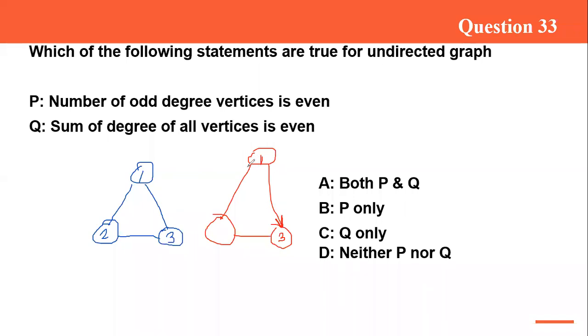In the same way, there can be a direction here also. Let us assume it is 2. That means you can traverse only from 2, and 1 to 2 is not allowed. If you mention directions like this, it is called a directed graph. Here we don't have any directions, so it is called an undirected graph.